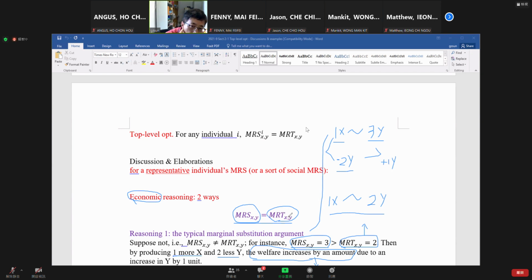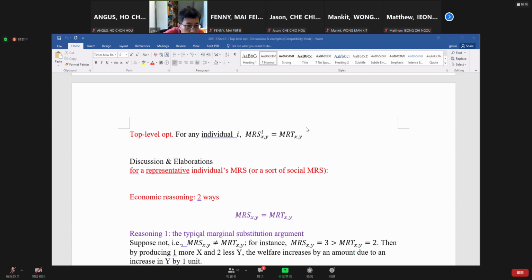No? Any problem? If not, let's move forward. This is a very simple way, a little bit childish, but a very powerful way of understanding this equation.